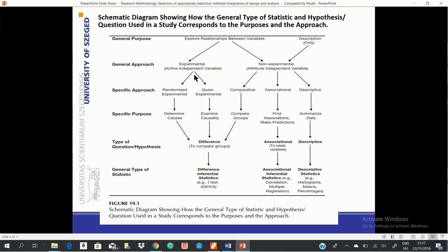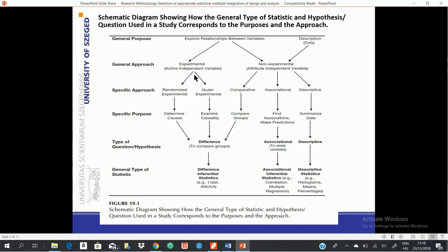The specific purpose is to determine cause, and to examine cause for quasi-experimental; for comparative, to compare groups. Examining causality means cause and effect. Association is to find association and make prediction. Descriptive statistic is to summarize data. For association, it can be a positive relation or a negative relation. Positive relation means that if one variable is high, the other variable is high as well.